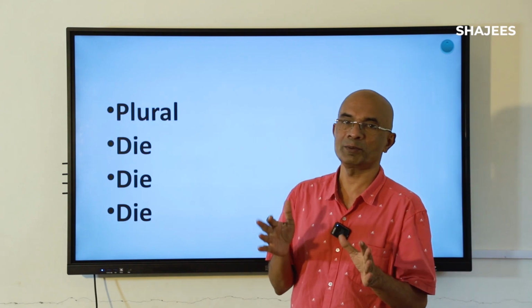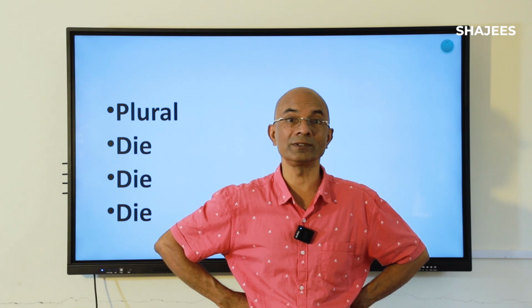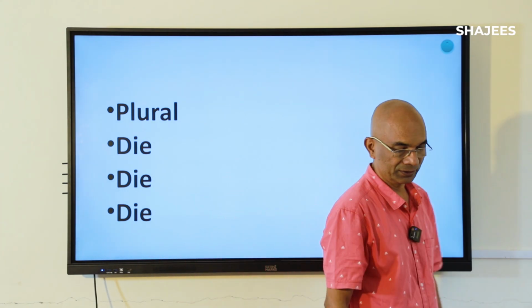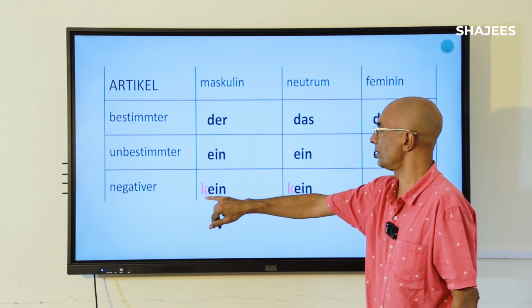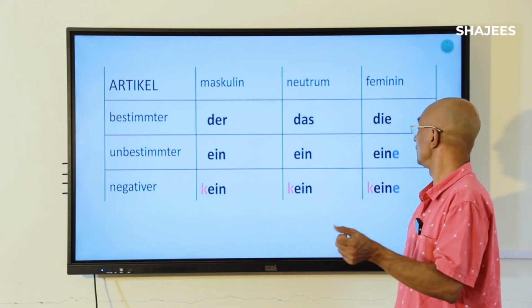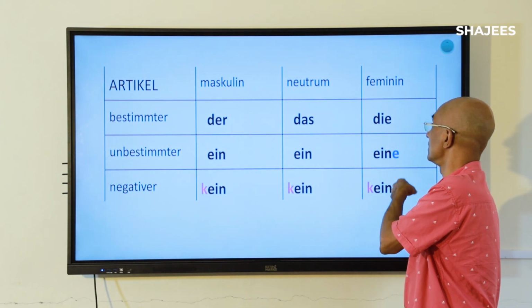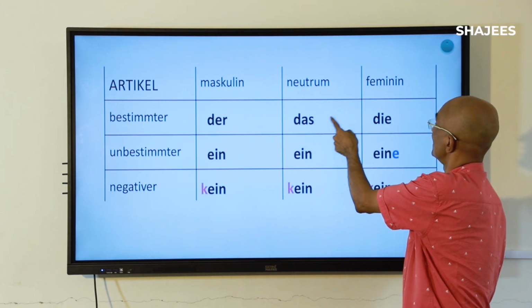For fun's sake, some people say females always have one extra bone. In the same way, whenever we talk about feminine articles, they always have a special e here. For other things, it's ein or das, der.